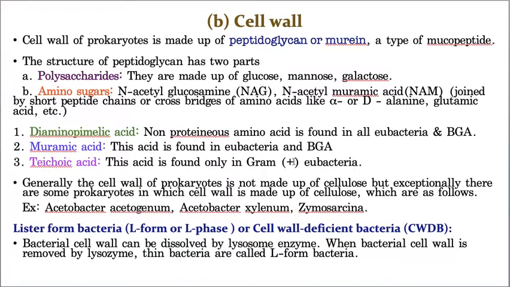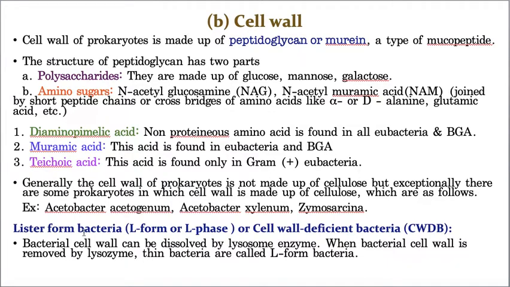The last point about the cell wall is that it can be dissolved by an enzyme called lysozyme. When you dissolve the cell wall of the bacteria with the help of lysozyme, the bacteria becomes thin, and that thin bacteria, which does not have the cell wall because it was dissolved by lysozyme, is called Lister form bacteria.